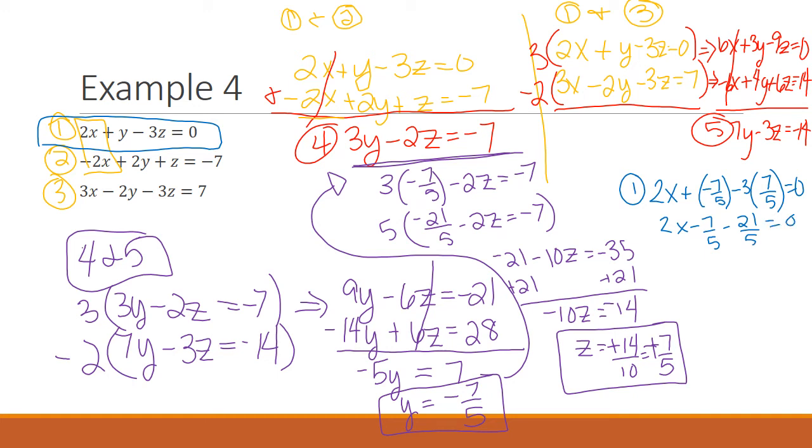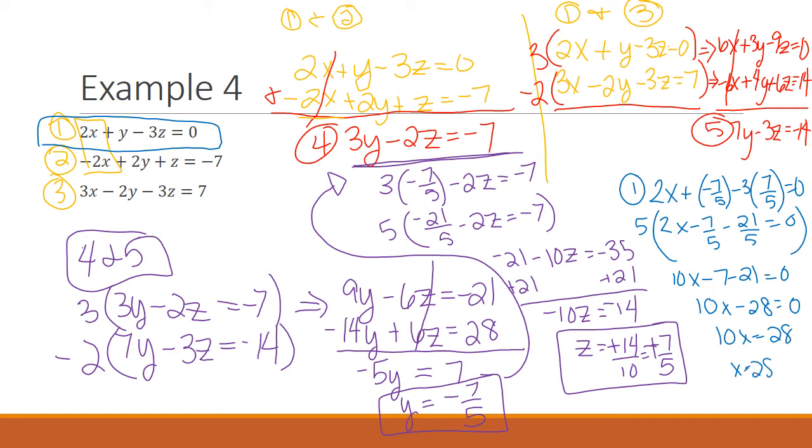We can multiply everything by 5 to get rid of our denominators. So we have 10x minus 7 minus 21 equals 0, which is 10x minus 28. 10x equals 28.